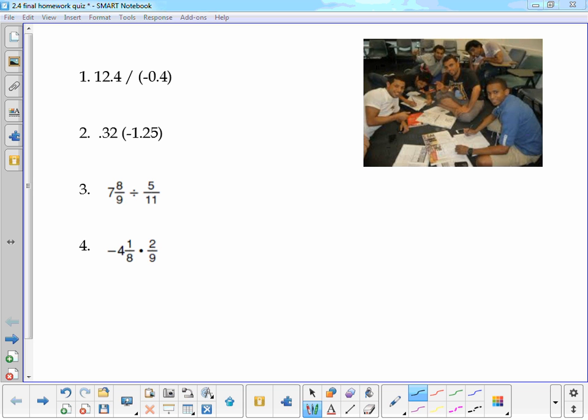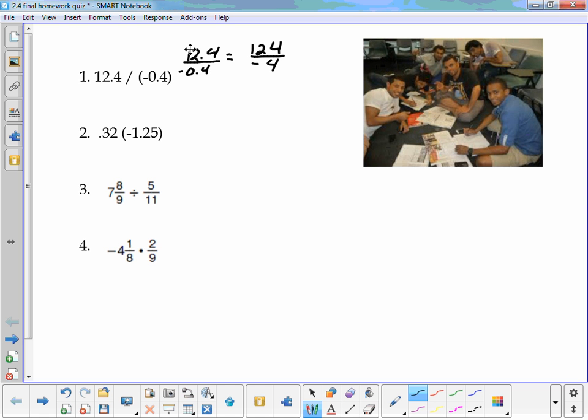So we have 12 and 4/10 over a negative 0 and 4/10. That is the exact same thing as 124 over negative 4. All I did is multiply by 10 on the top and the bottom. Now I'm dealing with all whole numbers, and now it's something that we can all do.